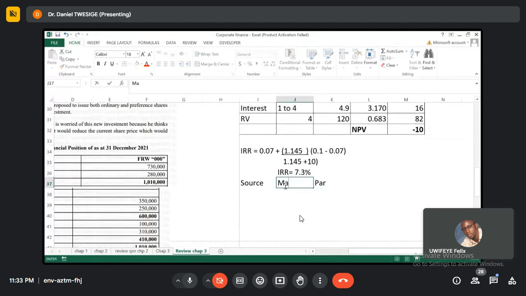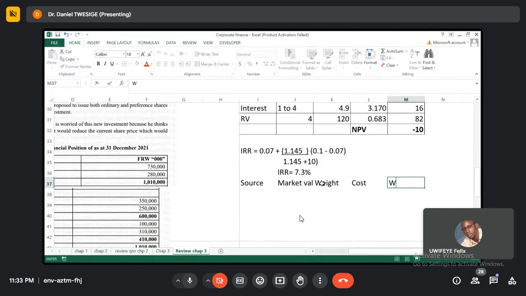Source, I think you can just use the market value. I don't think we need to. Then I need the weight. Then I need the cost.